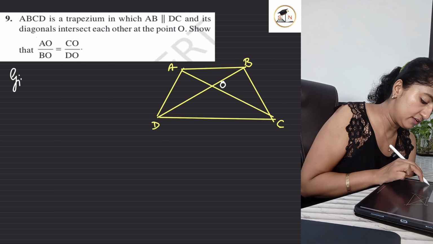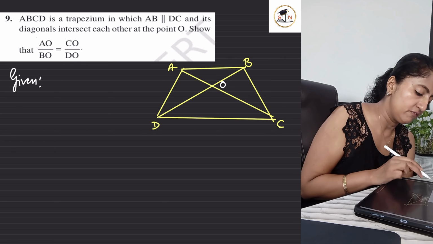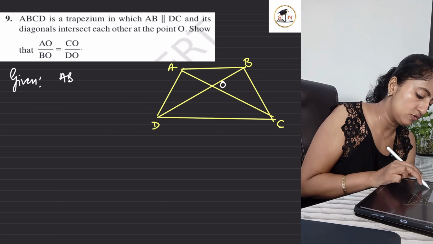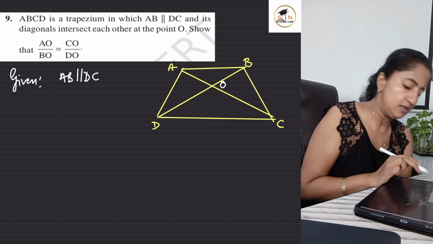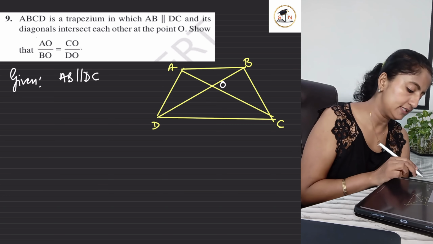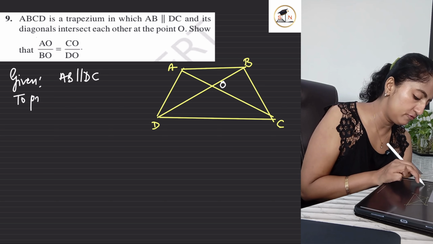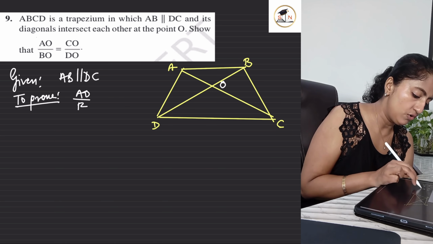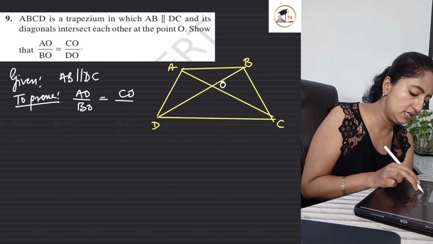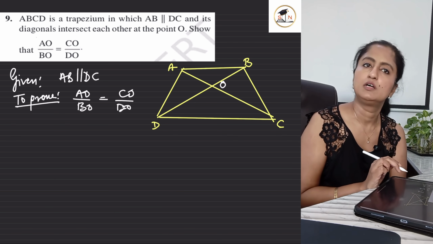First, what is given to us? We were given that AB is parallel to DC, and that's all. Nothing else was given. What are we supposed to prove? AO over BO equals CO over DO, right?